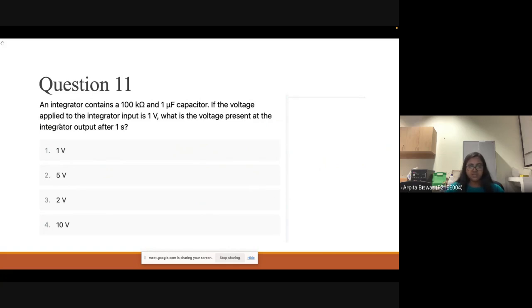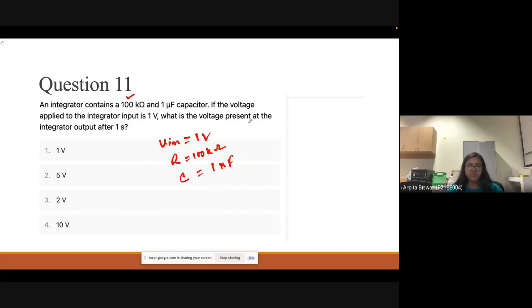An integrator contains 100 kilo ohm resistance and 1 microfarad capacitor. The input voltage is given, which is 1 volt. The resistance is also given, which is 100 kilo ohm, and the capacitor value is given, which is 1 microfarad.